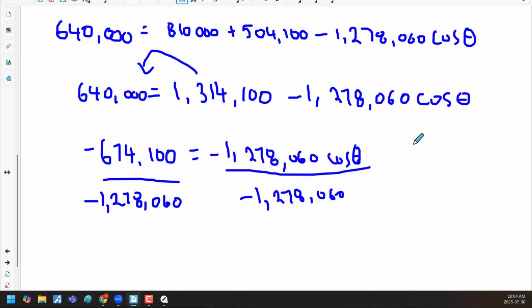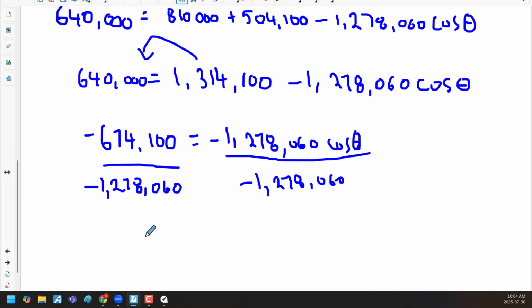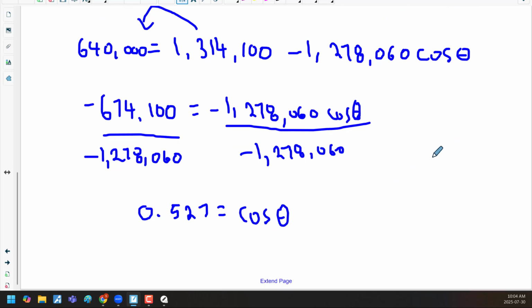Okay, so let's do that. 1,278,060. And you get a decimal, 0.527 approximately. I'm not writing all the decimal places out, but in my calculator I'm keeping them all. Shift cos.